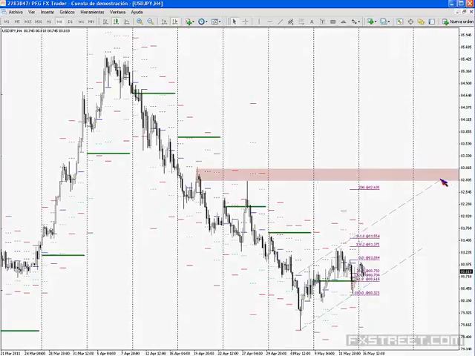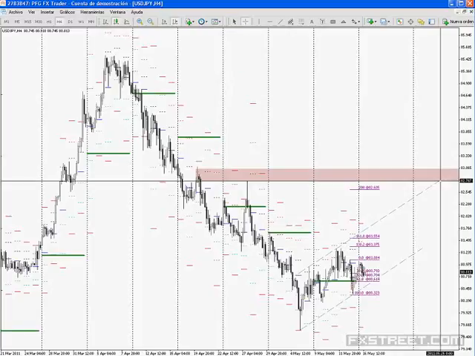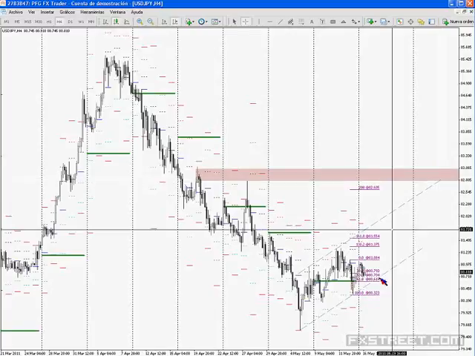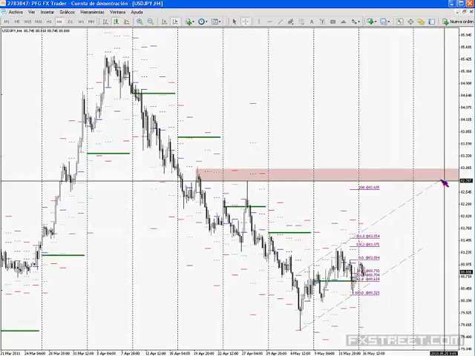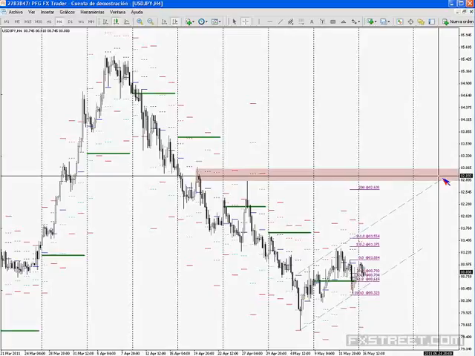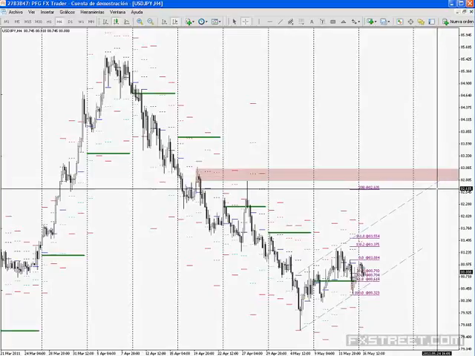So that 8280 area on the 4-hour clusters right now supply. It does resistance. This is confluent here with the upward channel by next week, more or less. So we have to see how price action develops during the entire week and see if next week we have that acceleration of the channel towards that confluence into that supply cluster at 8282.